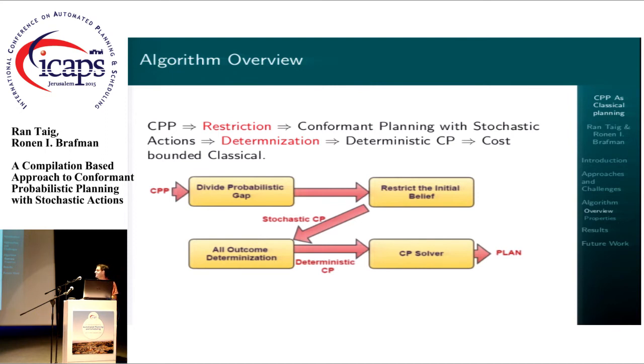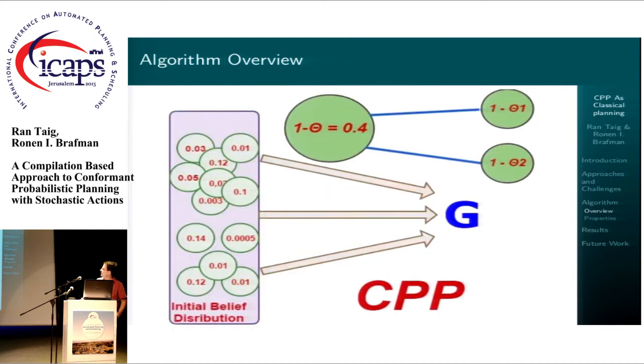It's a very weird creature, but we immediately get rid of it, and using determinization, we get a deterministic conformant planning problem. A more technical step is that we solve this conformant planning problem with a cost-bounded classical planner, so we further compile it afterwards. And at the end, we get a plan that is easily translated back to be a plan for the original problem.